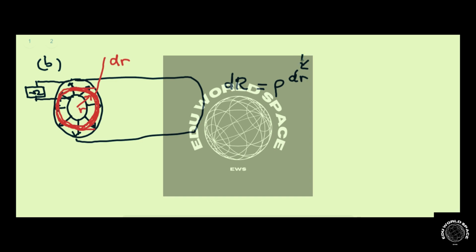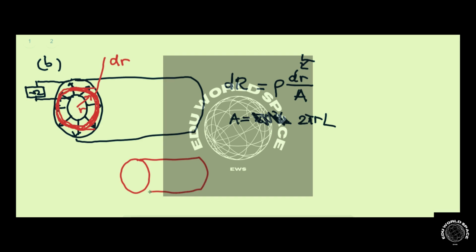This was the length, over the cross-sectional area. But in this case, the cross-sectional area is given by 2 pi r times L. So the cross-sectional area is the flow of current through this cylinder here.